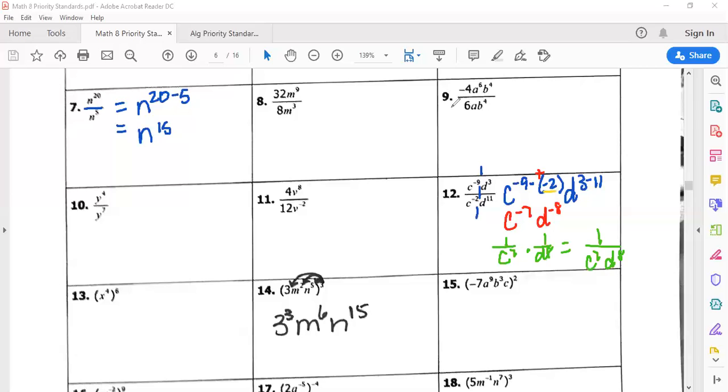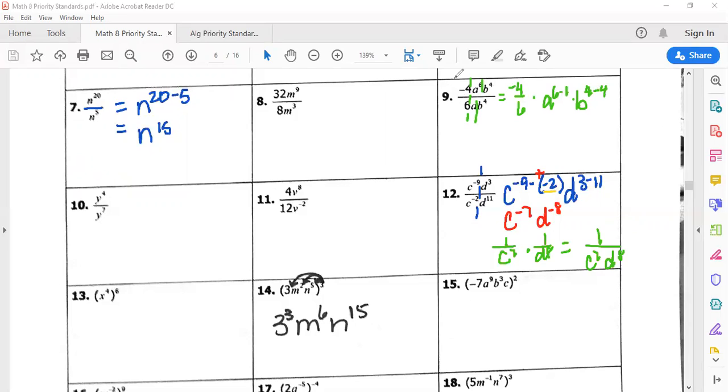Let's go back and do this one. I just want to make sure that we remember. Again, in class, we did them all separately. So we just separated the like terms, which gives us negative 4 over 6 times a to the 6 minus 1 times b to the 4 minus 4.